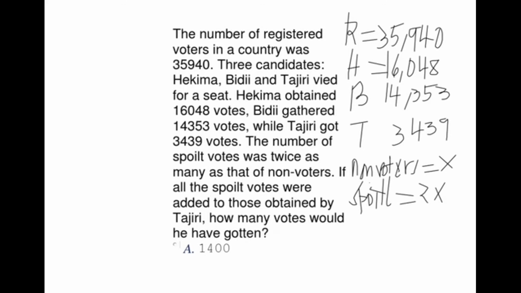And all this will give us the number of registered voters. So the question is, if all the spoiled votes were added to those obtained by Tajiri, how many votes would he have gotten?